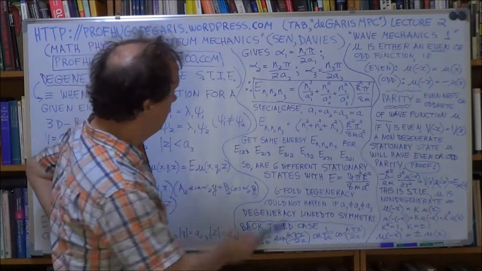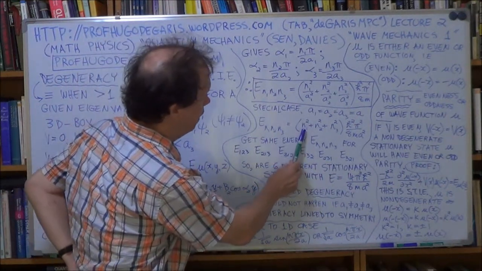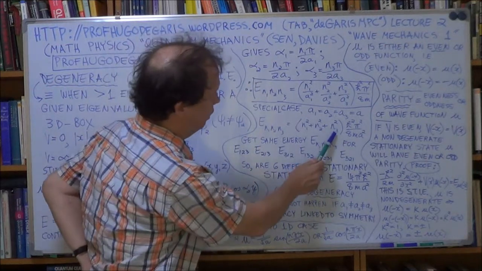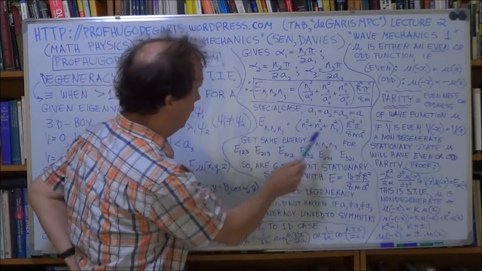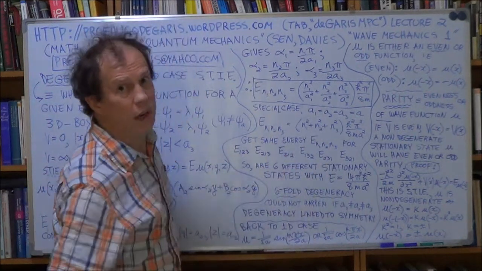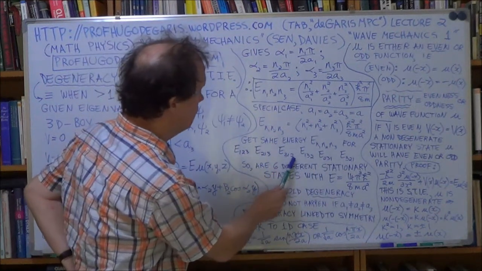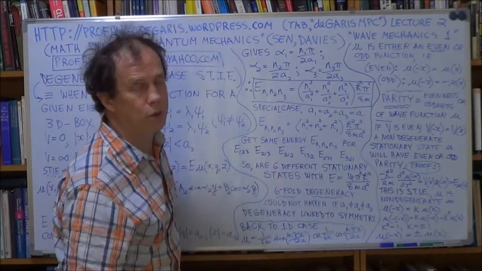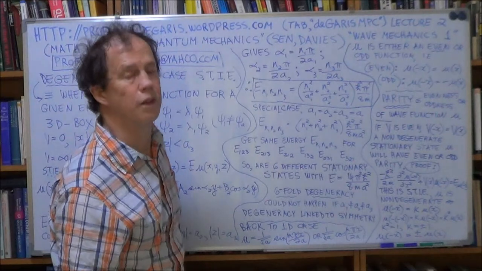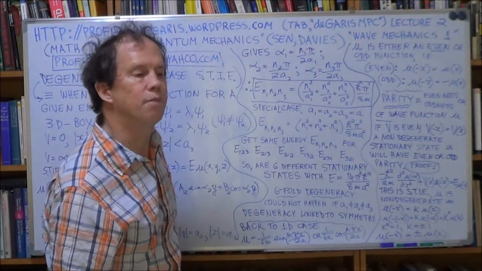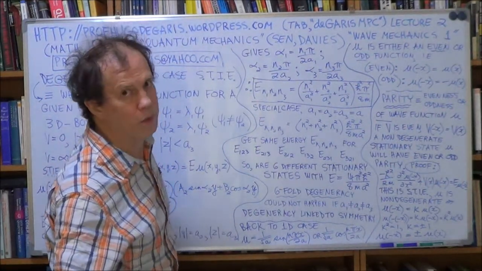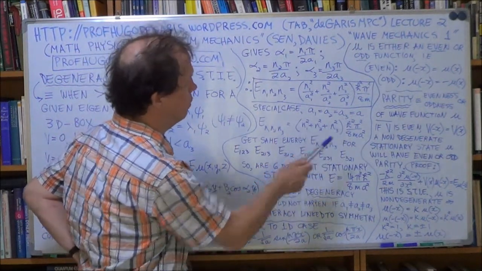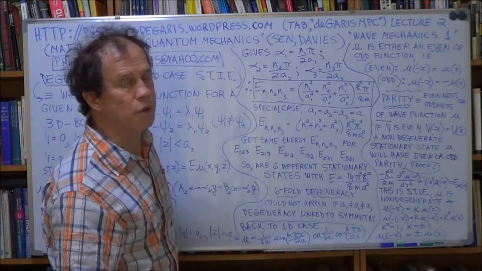But if I now choose n1 to be 2, and n2 to be 1, and n3 to be 3, so 2, 1, 3, I'll again get 14. And similarly, if I choose 3, 1, 2, I'll get 14. In fact, there are 6 ways you can order those 3 numbers. It just comes out of the combinatorics, you know, permutations and combinations. You probably did that in high school, right? So if I just choose the numbers 1, 2, 3, there's 6 ways I can order those 3 numbers.